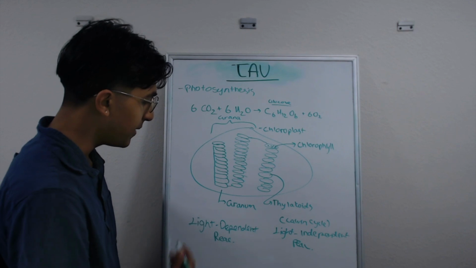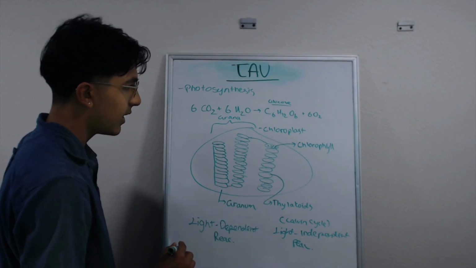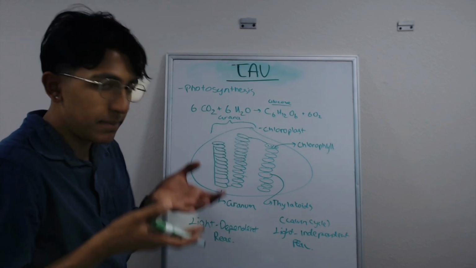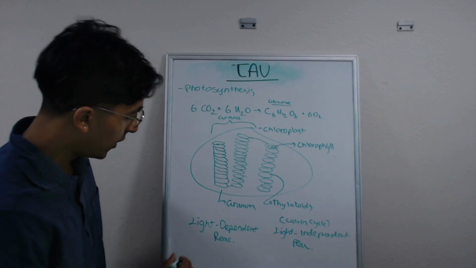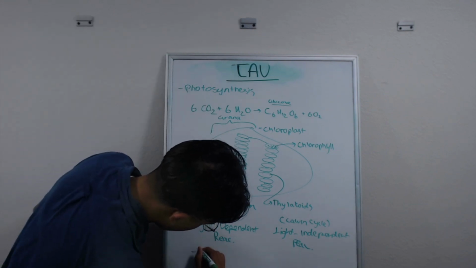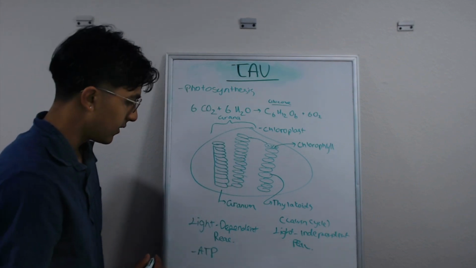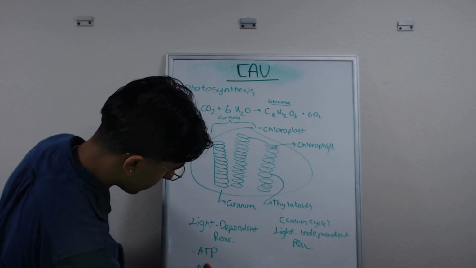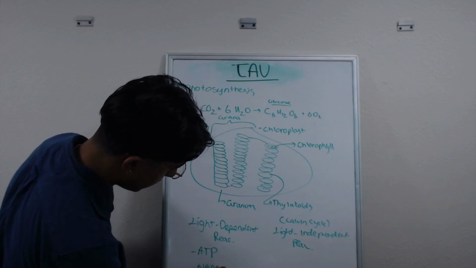Okay, so in the light dependent reactions, light from the chlorophyll and water, H2O, that the plant takes up from the bottom is used to form what we call ATP and NADPH.